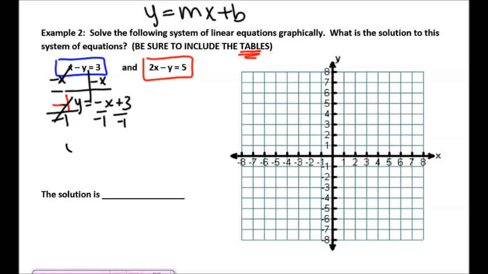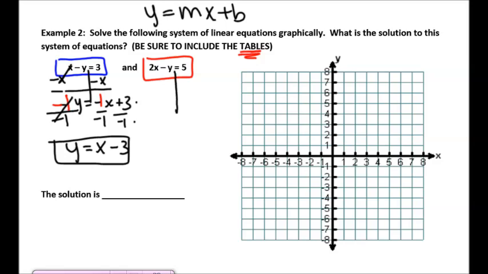So we'll get y equals, now be careful here, negative 1x divided by negative 1 leaves us with a positive x. Positive 3 divided by negative 1 is a negative 3. So this is the line that we will type into our calculators. Okay? Before we do that, let's go on and solve for y on the next one.